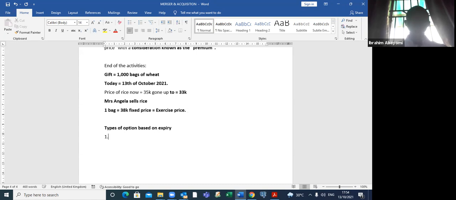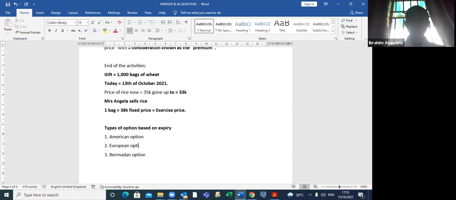On this basis, I can classify my option as American option, as European option, and I can equally classify it as Bermudan option.